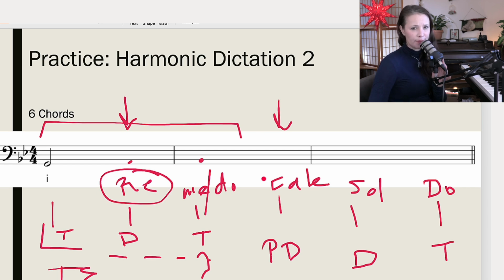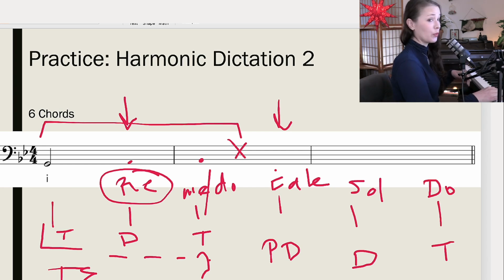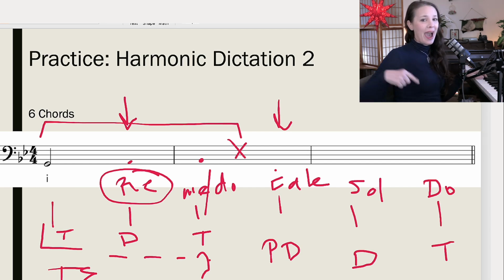Now, what happens here? It gets kind of weird, right? So don't listen for what this skip is. Listen for what happens after the skip. Does it go down by step or does it go up by step? It's moving by step. Listen for that. And I'll show you what I mean when we get there. Okay, so just ask yourself what happens after.